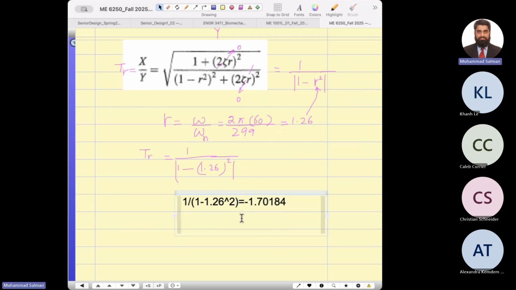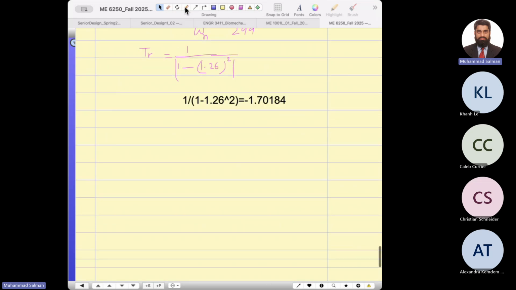Don't worry about the negative sign because we are taking the mod value. So it is 1.7. Sorry, it's in decimal. So it is about 1.701, which means 170% transmissibility. So x over y, so x is equal to 1.7 times y.